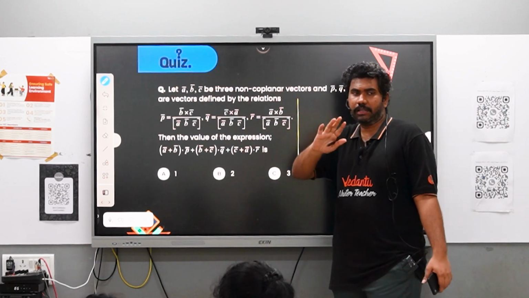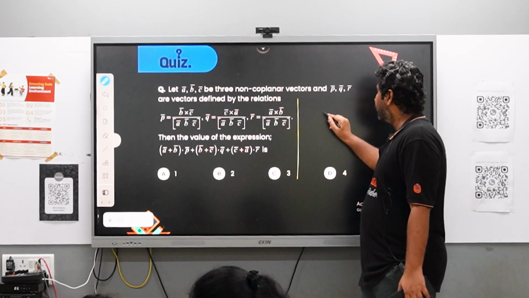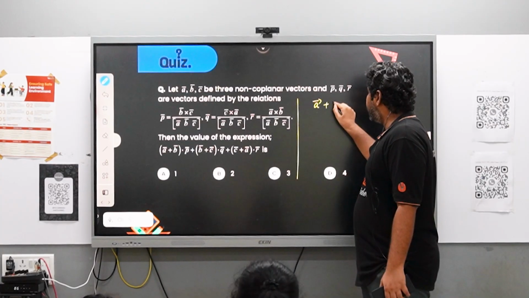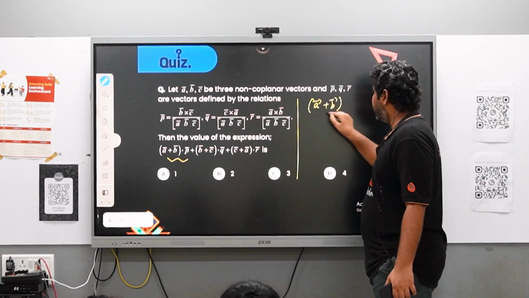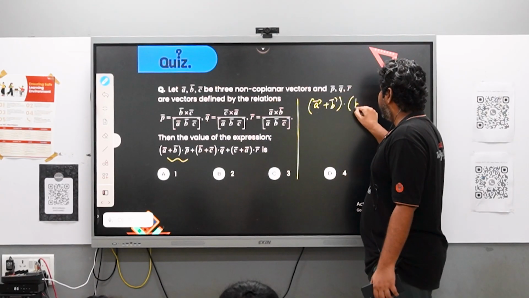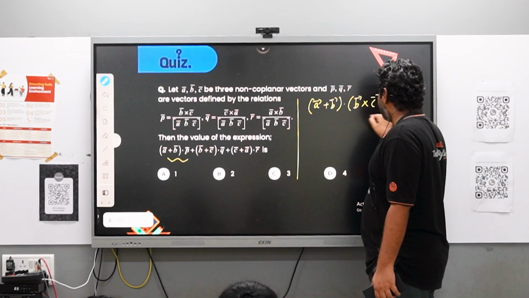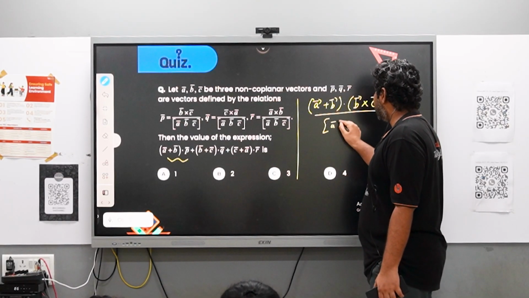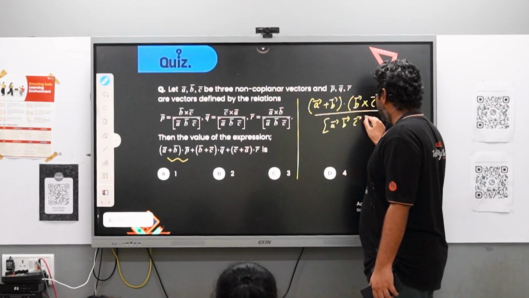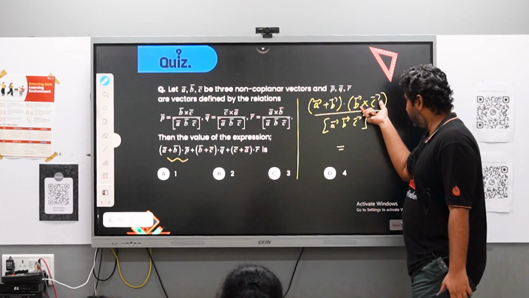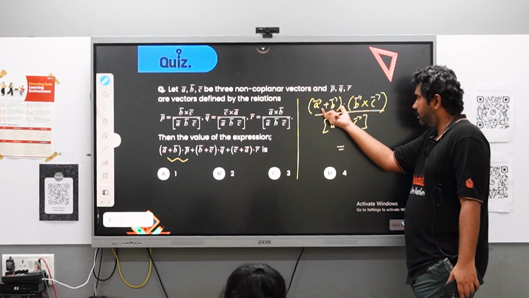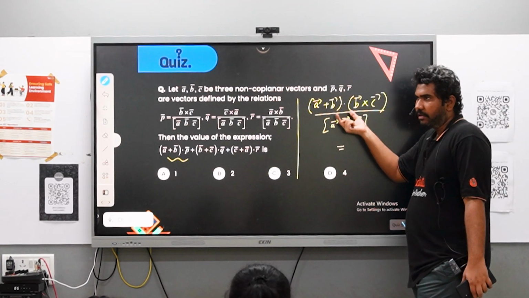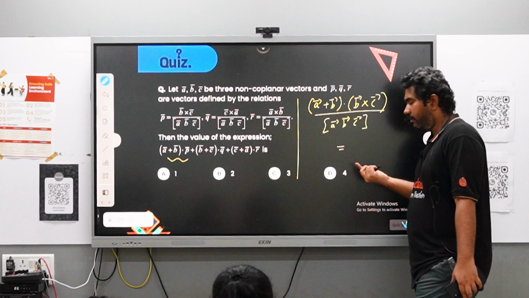Everyone listen. A vector plus B vector, first we will look at this one: A vector plus B vector dot B vector cross C vector divided by the box product ABC. We already know this is just a dot product of two vectors, and here there is a binomial term. So you can use the distribution law without any hesitation.